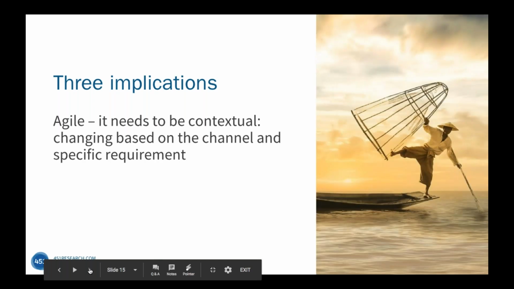And the third thing is agile. So it needs to be contextual. It needs to respond not just to who you are and what you're trying to do, but the way in which you're engaging with that organization. The most obvious is if you're engaging through a mobile device versus a laptop.